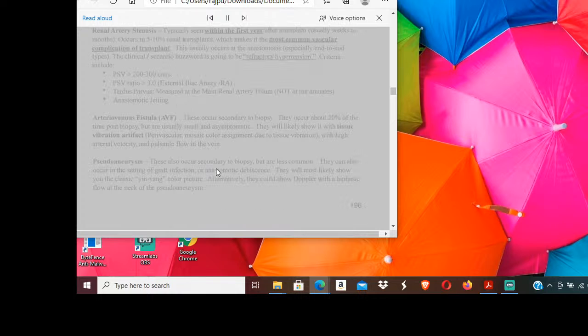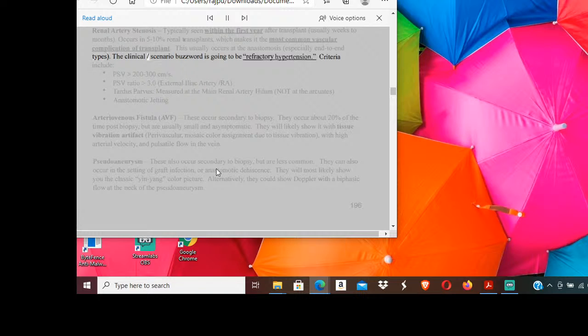Renal artery stenosis is typically seen within the first year after transplant, usually weeks to months. It occurs in 5 to 10% of renal transplants, which makes it the most common vascular complication of transplant. This usually occurs at the anastomosis, especially end-to-end types.